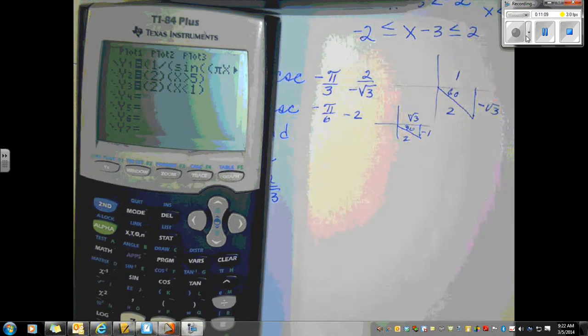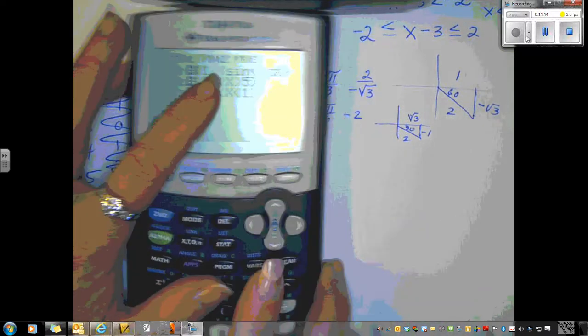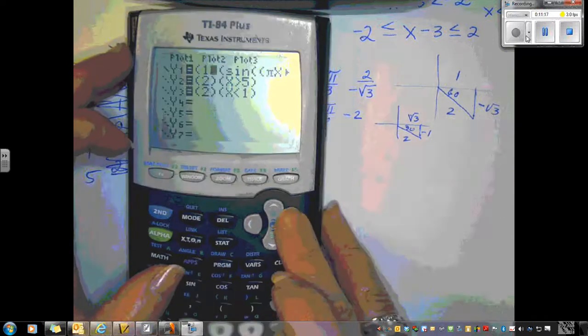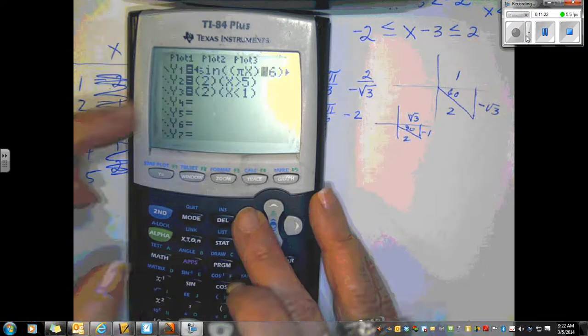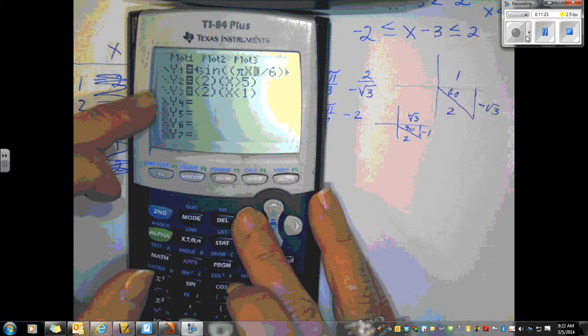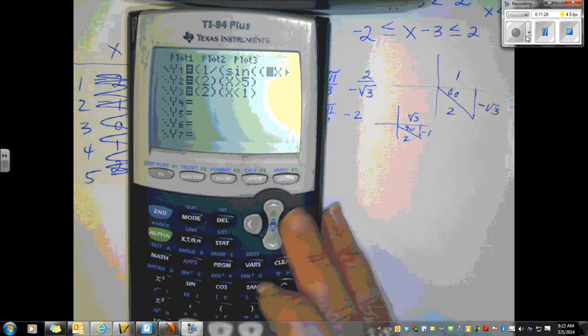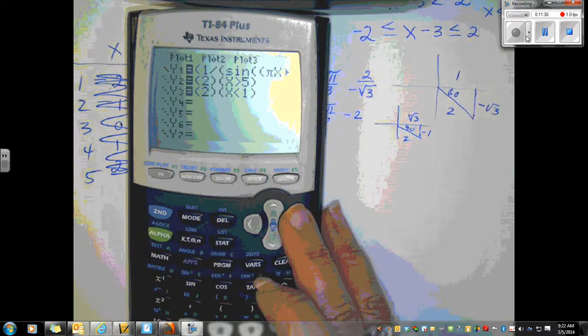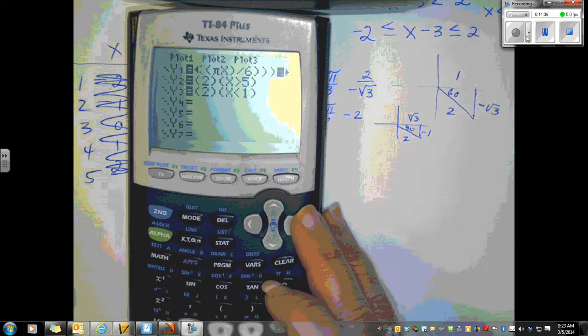Okay, so that's why here the first thing is, I have parentheses 1 divided by sine of pi x divided by 6. And if you notice, I have 1, 2, 3, 4 parentheses on the left, so I'm going to have 1, 2, 3, 4 on the right also.